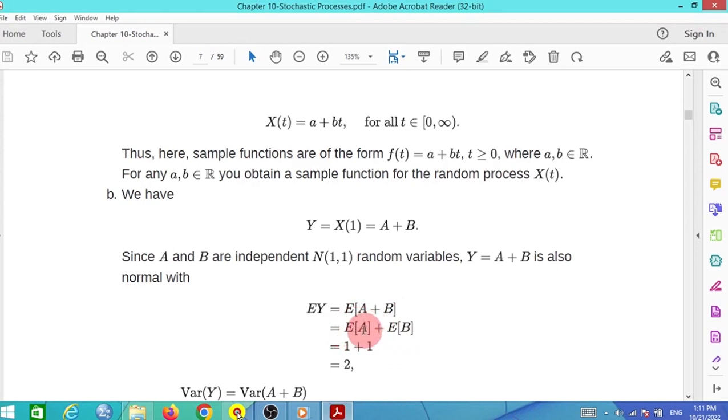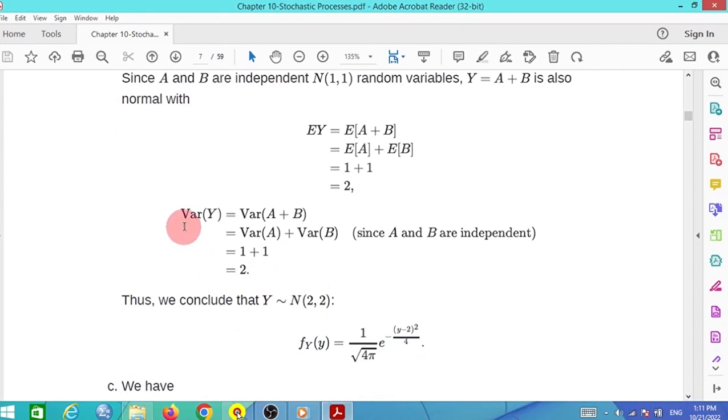A is normal, the mean is 1, the variance is 1, so the expected value is 1. Similarly for B, so this is 2. For the variance, the variance of a sum is the sum of variances if A and B are independent. Come back to the previous chapter and study the definition of variance and its properties. This detail you must know.